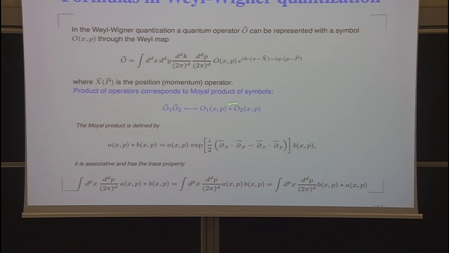The star product is the Moyal product, which is written here. This product is associative and has a trace property, which is written here. That is, when you integrate over the phase space and you have this star product between two factors, you can drop it.